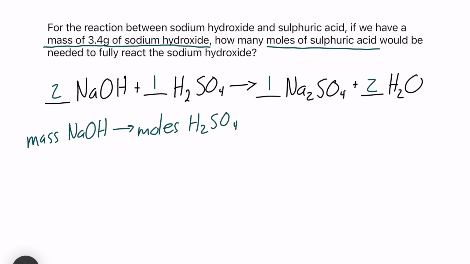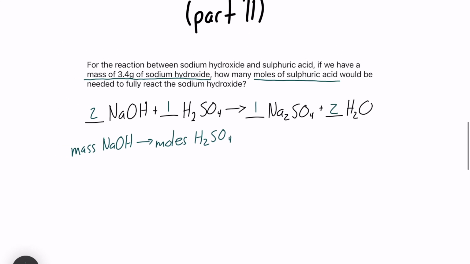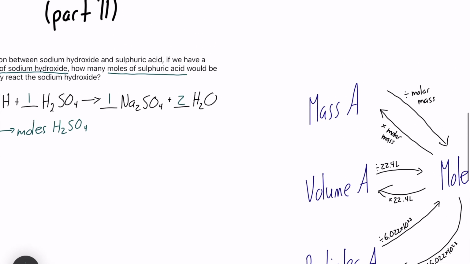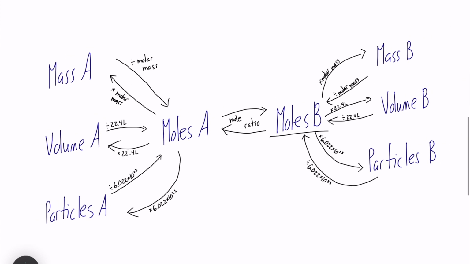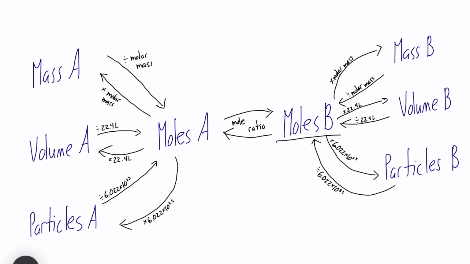H2SO4. Now with that, we can bring this over to our roadmap and figure out where our question's going to take us here. So again, we can say that NaOH is our A substance.